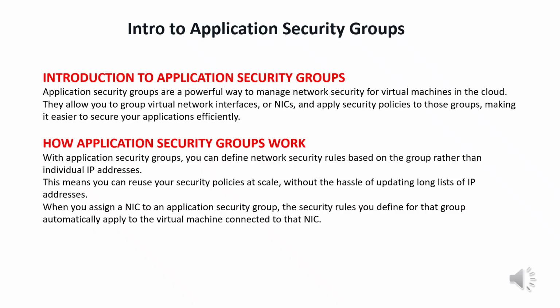This means you can reuse your security policies at scale without the hassle of updating long lists of IP addresses. When you assign a NIC to an application security group, the security rules you define for that group automatically apply to the virtual machine connected to that NIC.